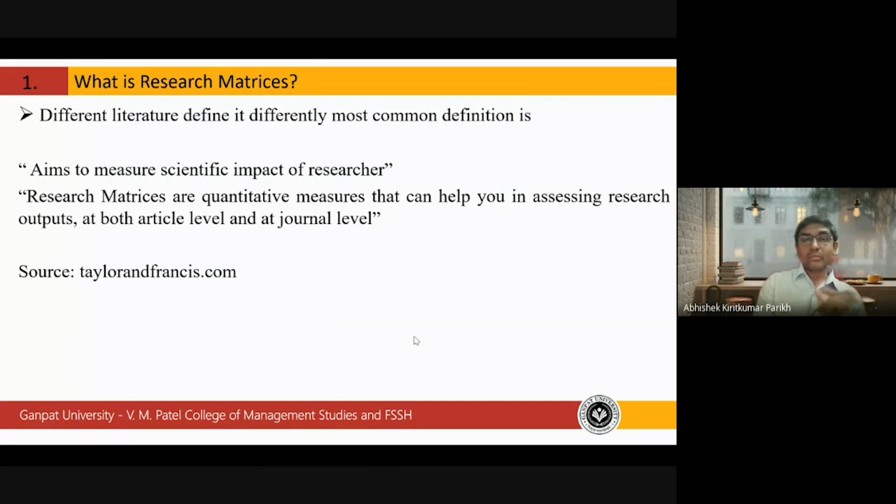But most research remains in the library only, right? So when it is developed, whether anyone in this world is interested to read your article is the most important thing. If no one is interested in reading your article or your research work, it means that it is not making any impact in the particular area.